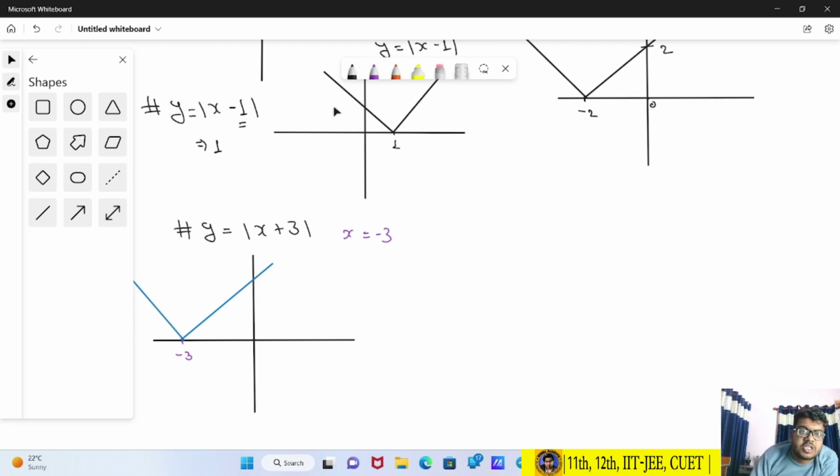Because we put x is equal to minus 3, we get y is equal to 0. If x is equal to 0, then we get y is equal to 3. So this is the graph of y is equal to mod of x plus 3.